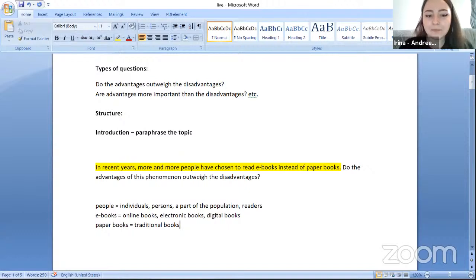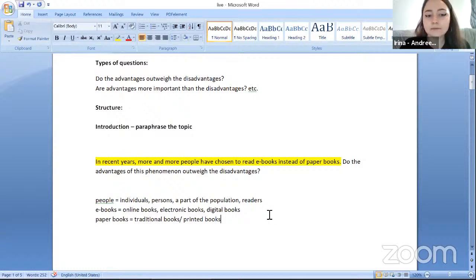It doesn't really help us. Traditional books. Okay. We can say printed books. And again, probably there are even more synonyms, but just for you to have an idea about it. So we have some helping words. Now, how could we say this thing with different words? Let's try to rephrase it.